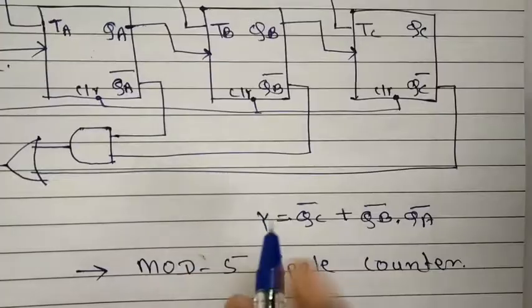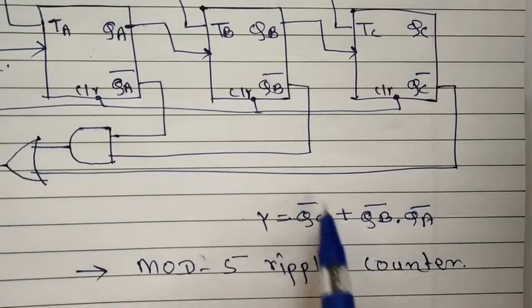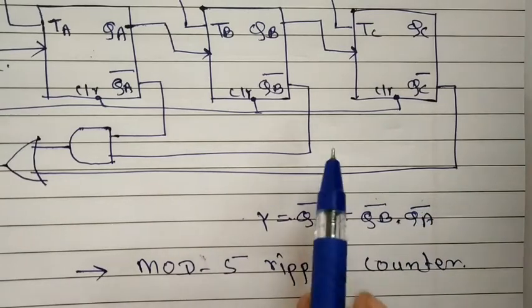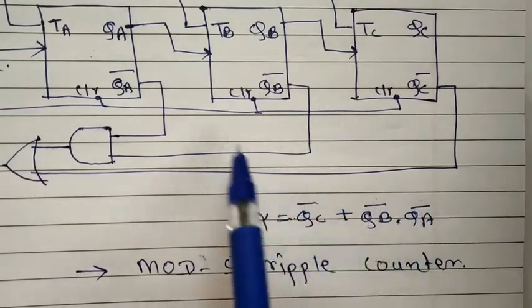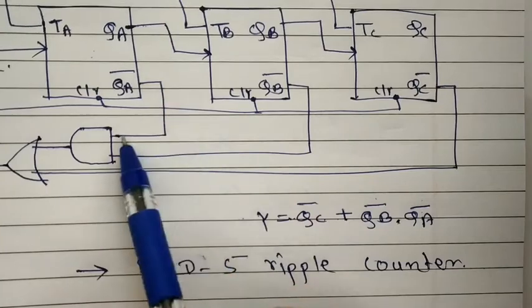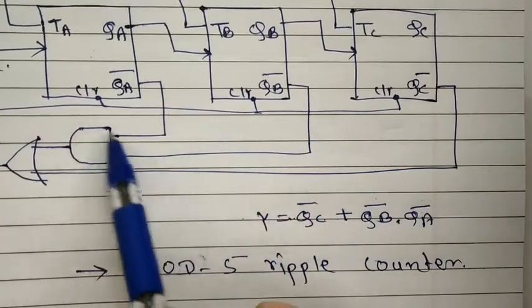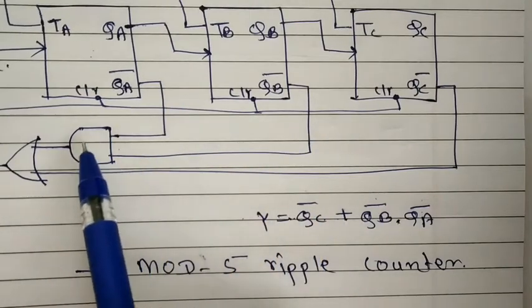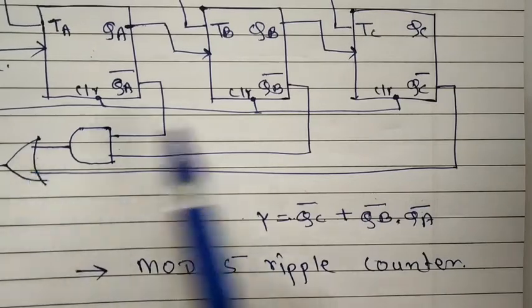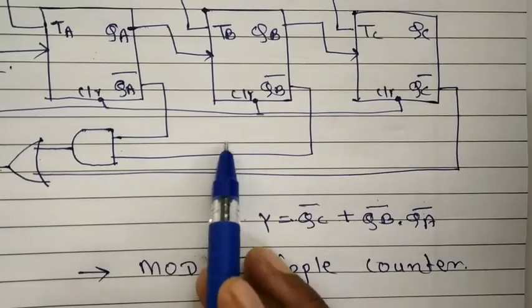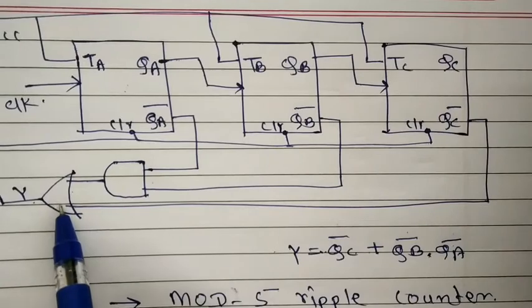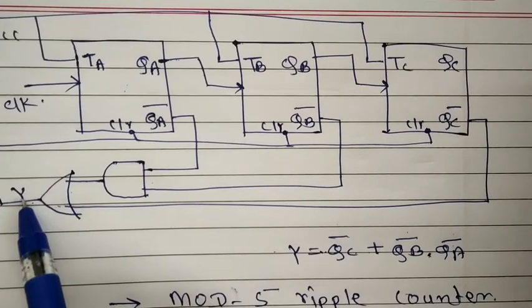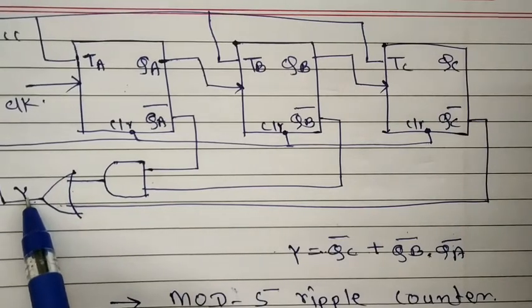And as per the expression, y is equal to QC bar plus QB bar dot QA bar. So taking the AND of QA bar and QB bar, applying to one of the inputs of the OR gate, and then this is QC bar. So taking the OR gate to add these two terms, finally I am getting the expression of output y.